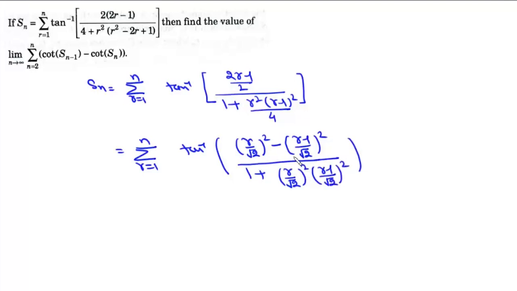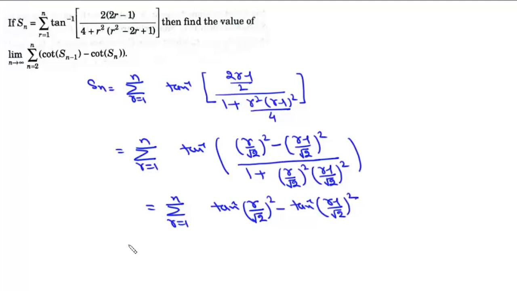Now this is tan inverse x minus y upon 1 plus xy. So we can write this as this summation r varies from 1 to n tan inverse r by root 2 square minus tan inverse r minus 1 by root 2 square.